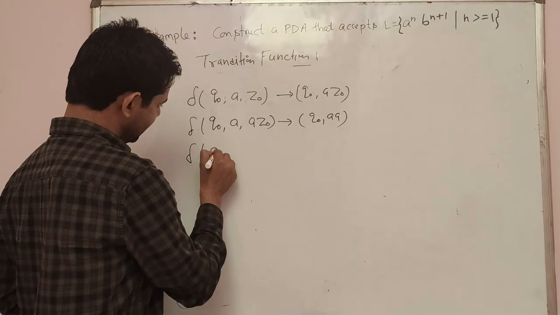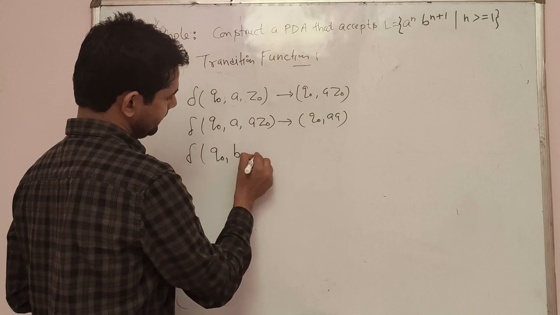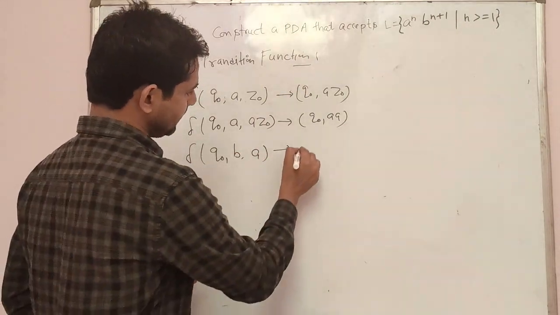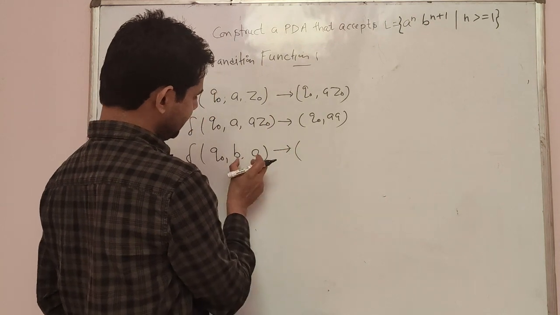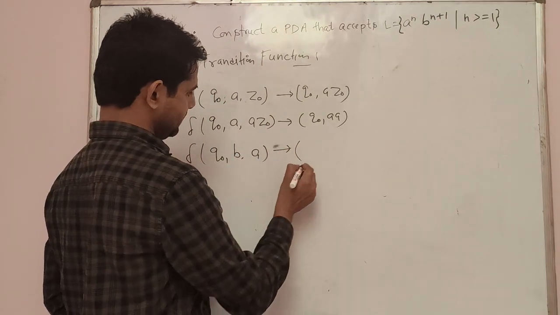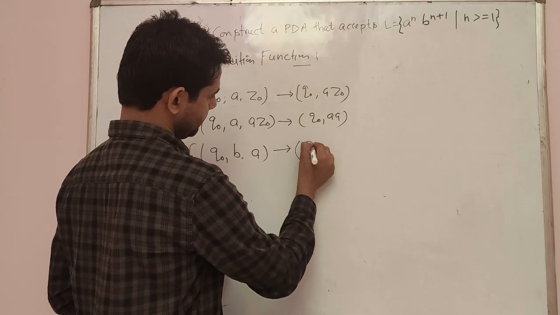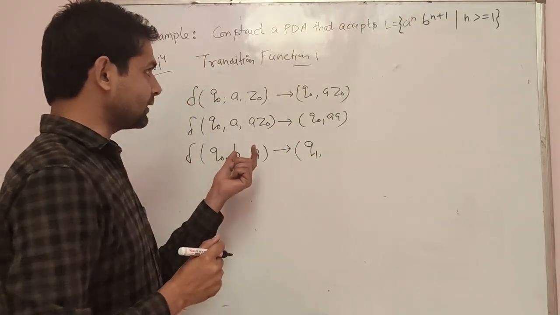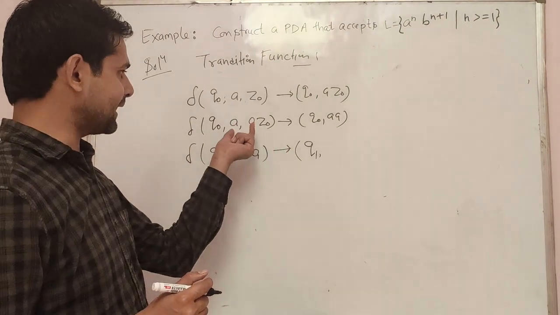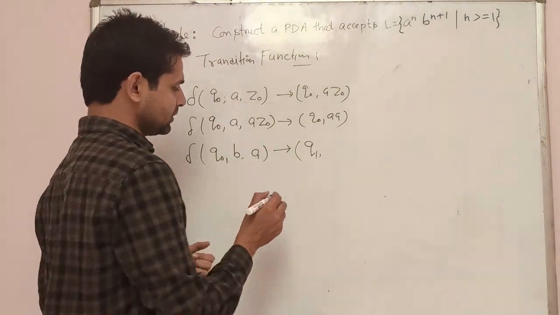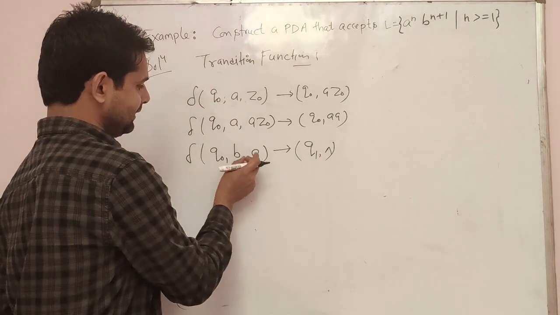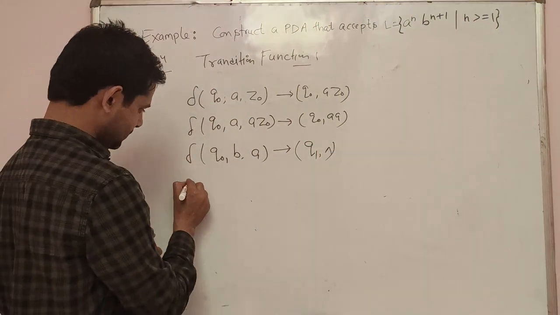After that, when we get B and the stack top is A, in that case we just pop that A with respect to this B. We change the state, because after the first B we will not accept any A. So that's why we are changing the state here, and we pop this A for this B.